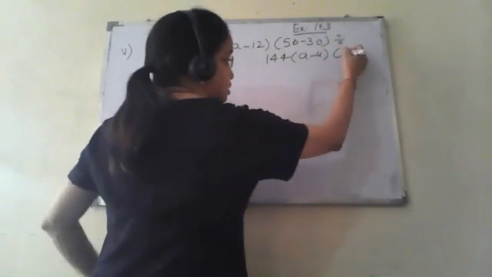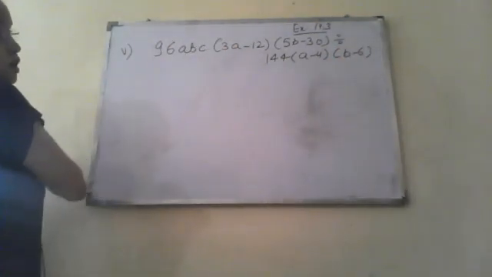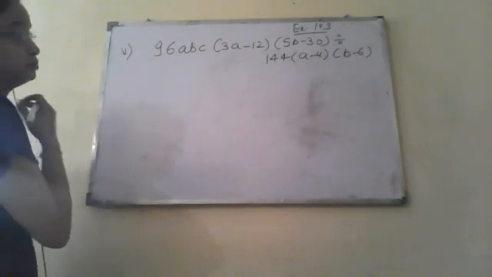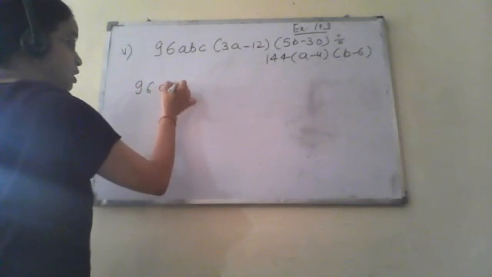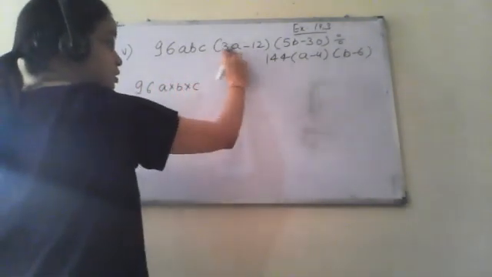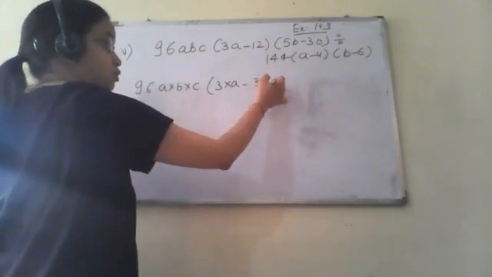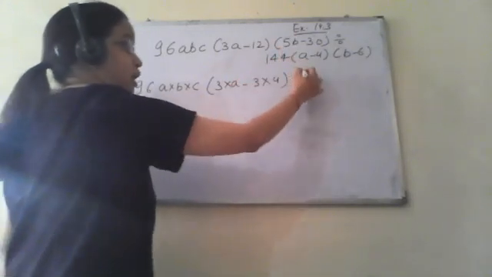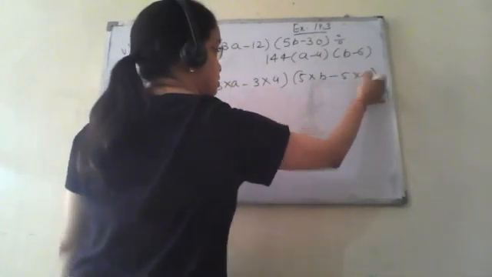Now this 96 is 12 into 8, this is a into b into c, this is 3 into a and this 12 is 3 into 4, and this can be written as 5 into b and this is 5 into 6.